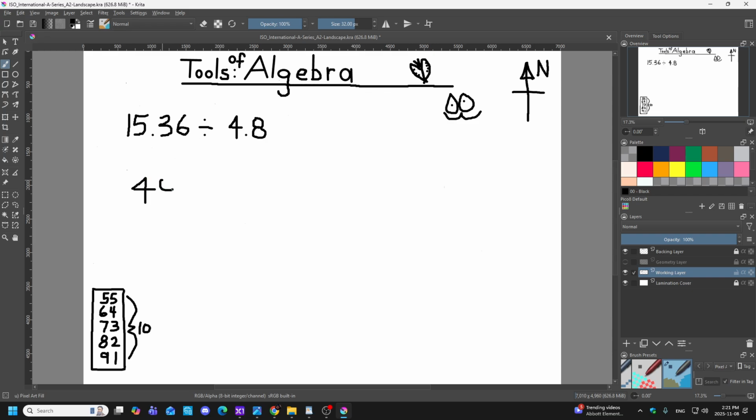It's actually 1536 divided by 48. So the way I look at this, we want to be able to subtract, right?